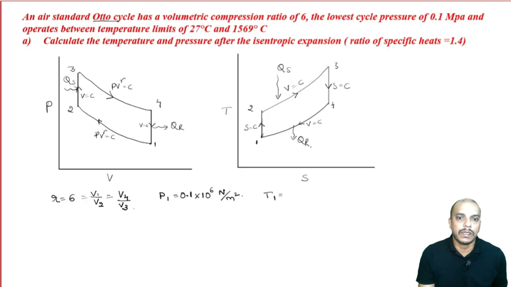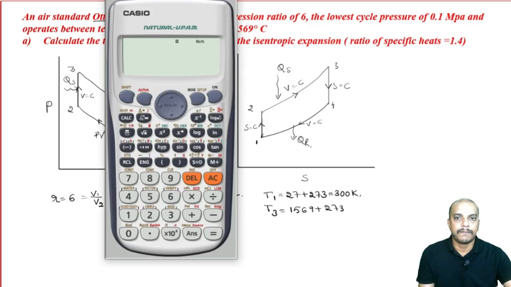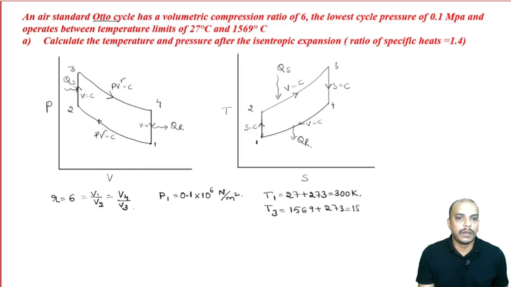So, T1 is 27 plus 273, that is 300 Kelvin, and similarly the highest temperature is 1569 plus 273, that is 1842 Kelvin.